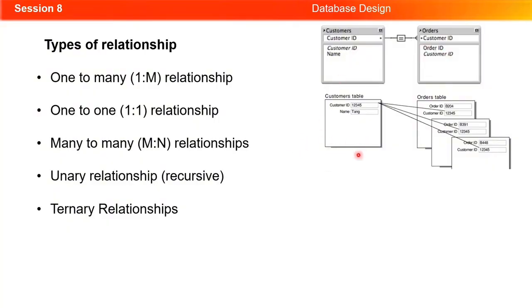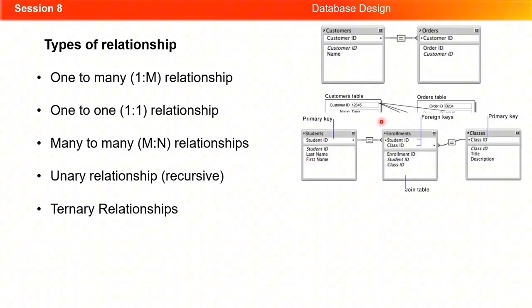But then there is the one-to-many relationship where one customer ID can have many order IDs, but every order ID just has one customer ID.